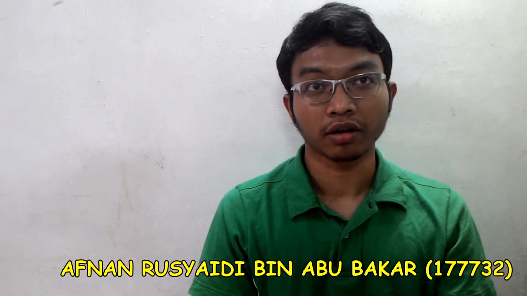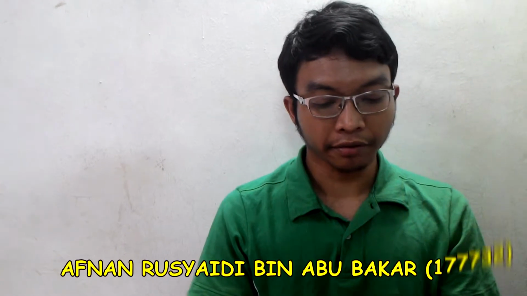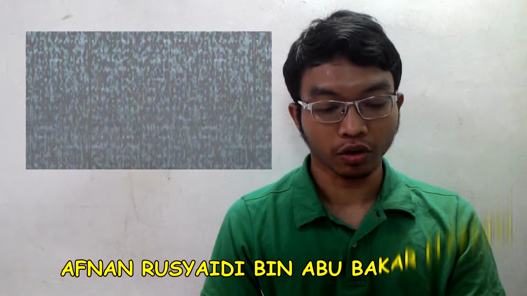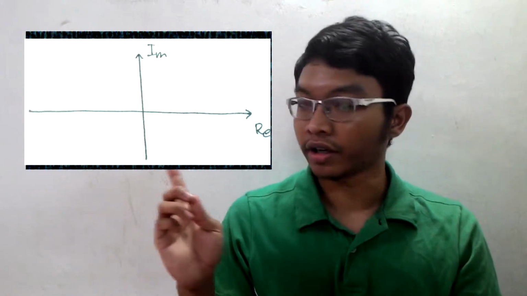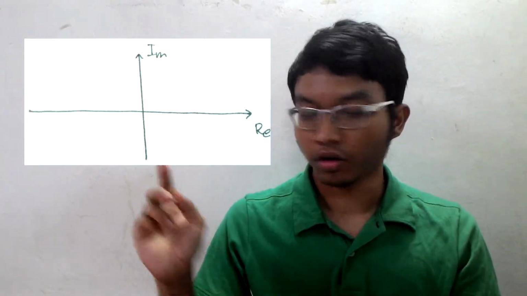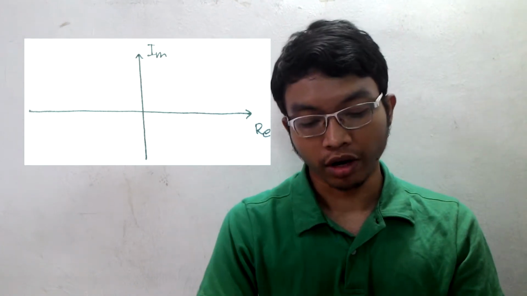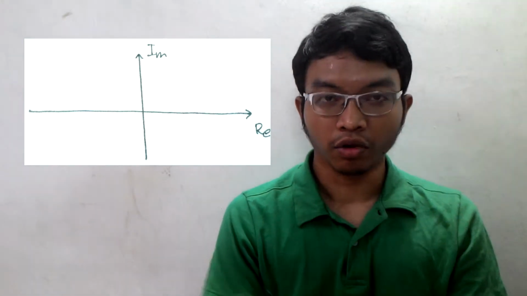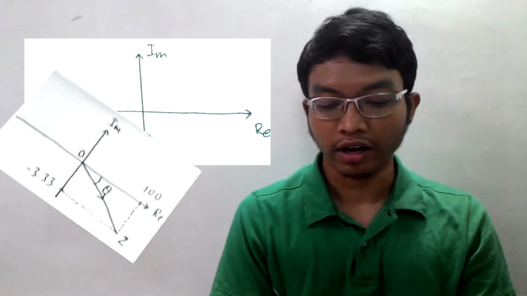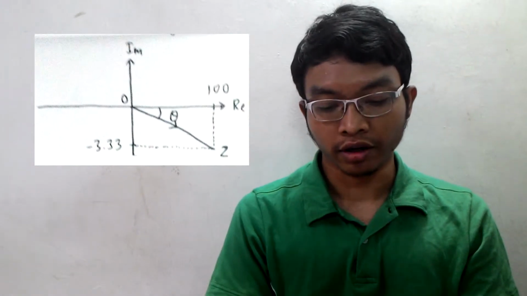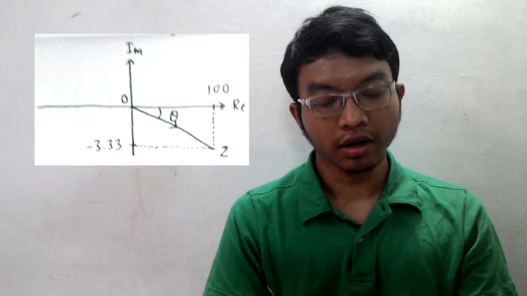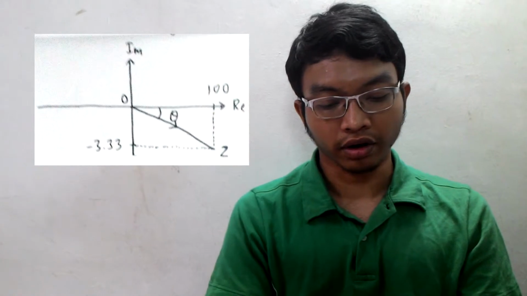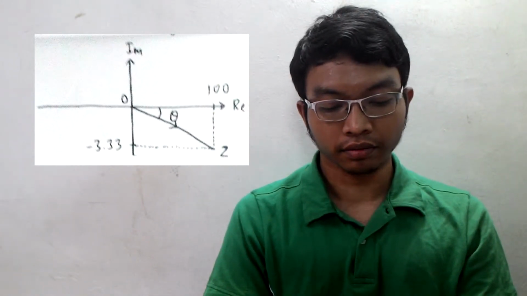Okay, the answer that we got is in the rectangular form. So we want to change the answer into the polar form. So first we draw the Argand diagram, but in electrical engineering we call it the phasor diagram. So both are technically the same. After that we plot the information with the resistance and the reactance.